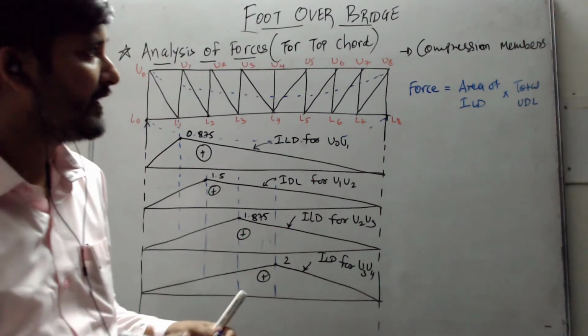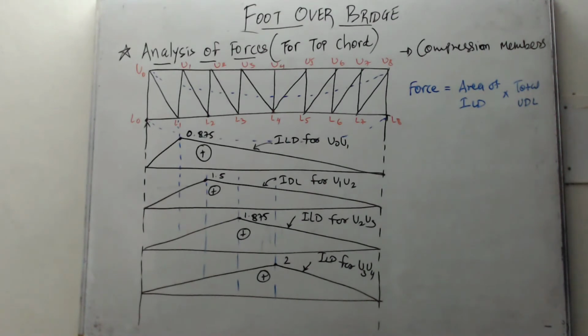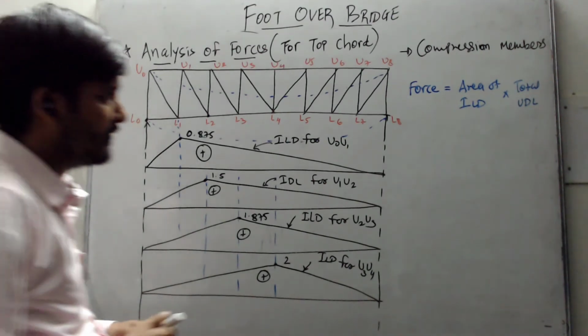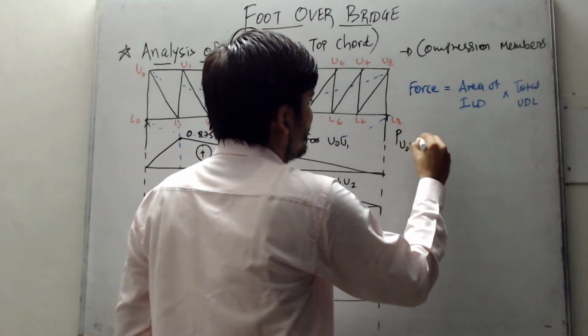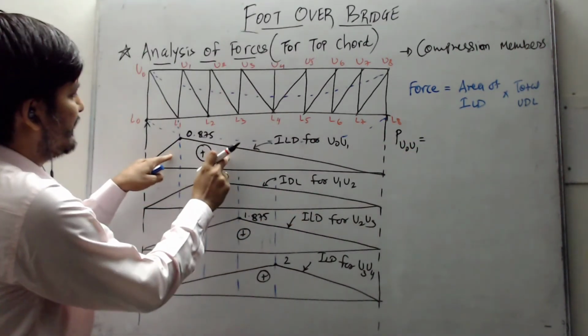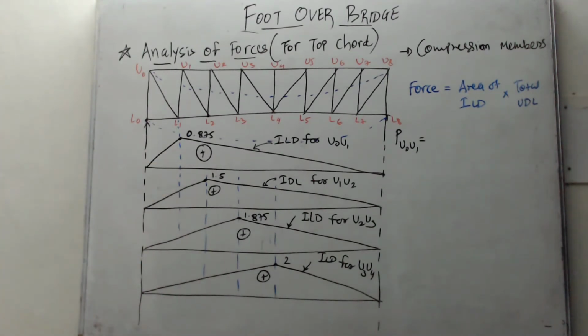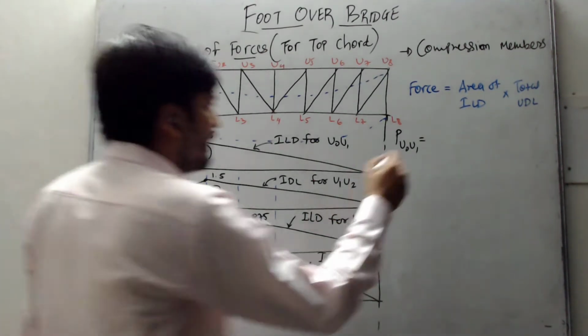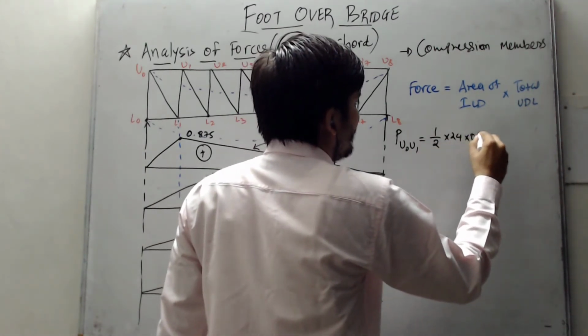So now let us find out for each and every member. Force in U0, U1. Let us find out the area of this triangle. So it is 1/2 multiplied by 24 multiplied by 0.875.